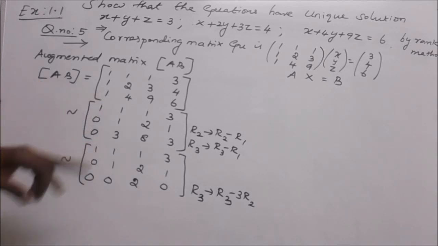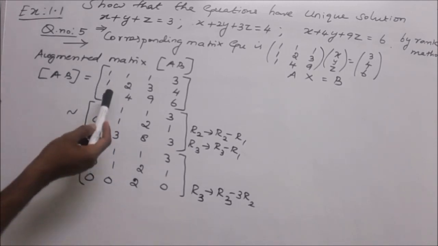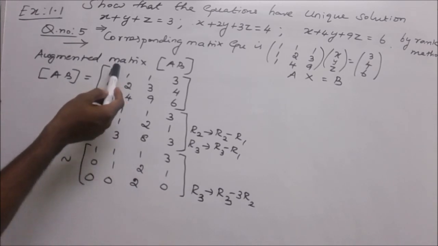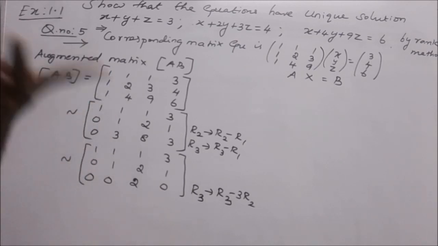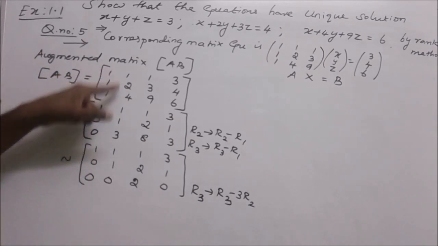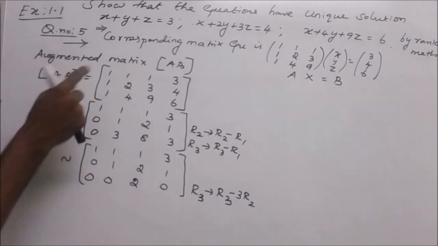To form echelon form, apply elementary transformations. First, you should make this entry as 0. For that, subtract R3 with R1 or R3 with R2. You can choose arbitrary rows, any rows you can take, but the entry becomes 0.